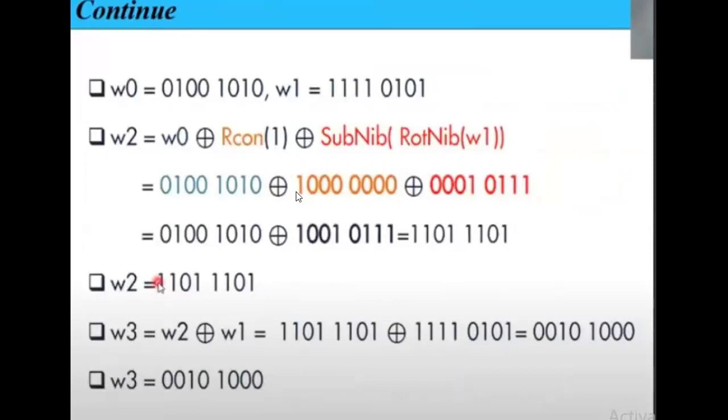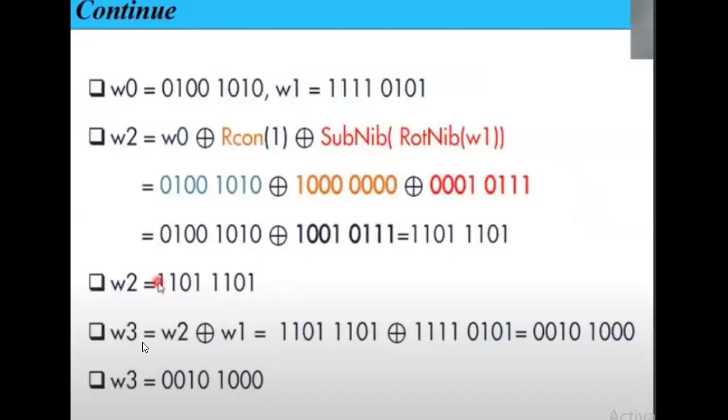The round constant, as I have mentioned, is 10000000, and after rotating W1 and then performing the substitution, we will be getting this value. XORing all these three arguments, you will be getting the final value as 1101 1101. So that will be W2.